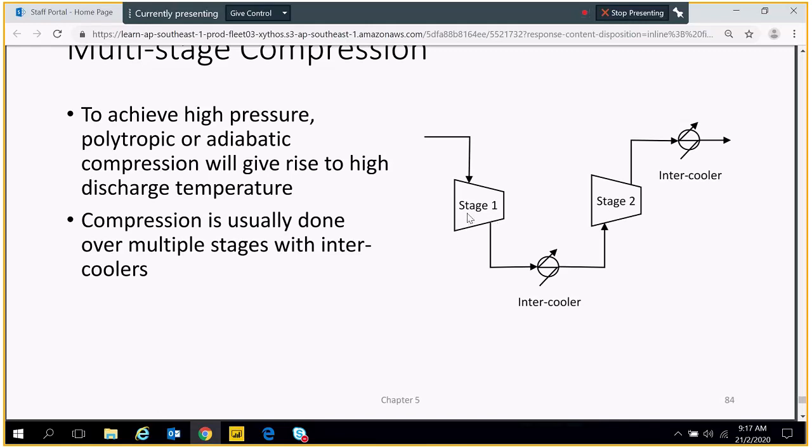This smaller compressor I call stage 1 compressor. There's an intercooler, followed by the stage 2 compressor. Now this one is a typo error. This is after cooler. This is correct, this is intercooler. So I do intercooling, reduce the temperature first, then send it to the second compressor.